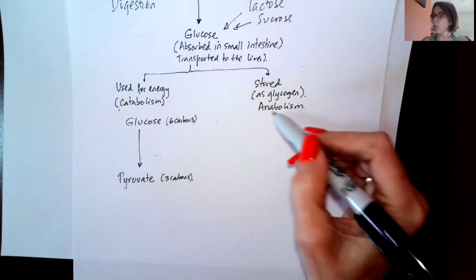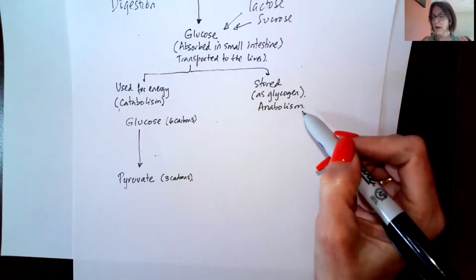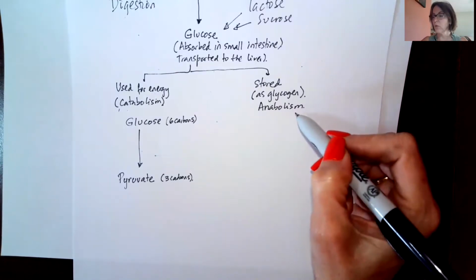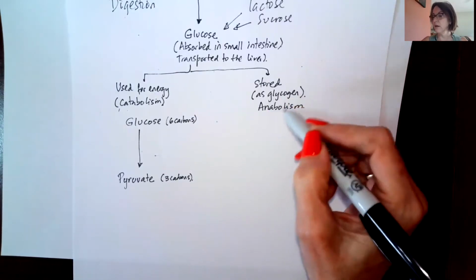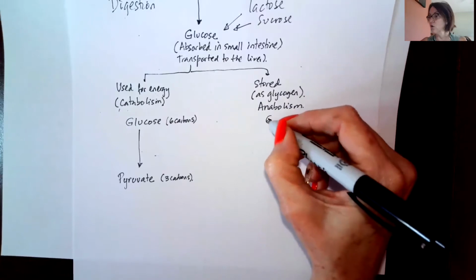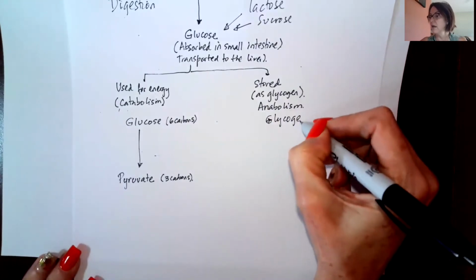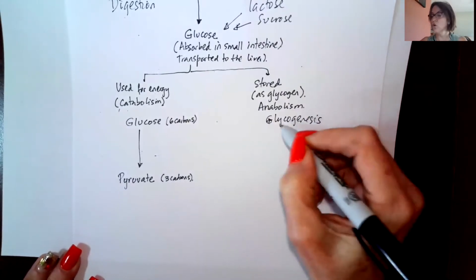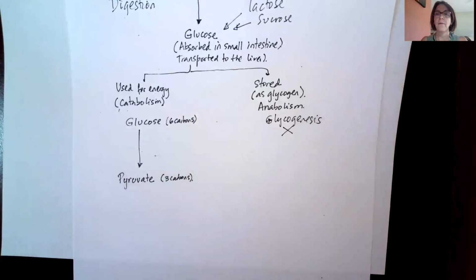It means we will create new bonds, we will have a polymer, and these are anabolic reactions. This is glycogenesis. And we didn't talk about this in chapter A, because chapter A is dealing with the reactions that give us energy, meaning the catabolic reactions.